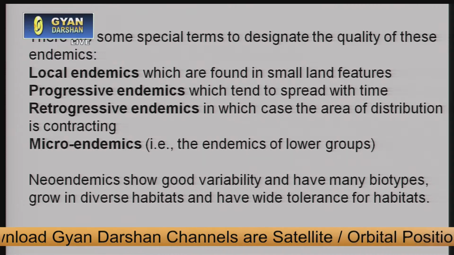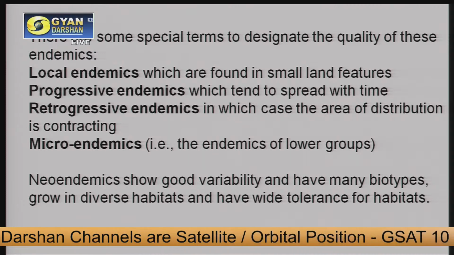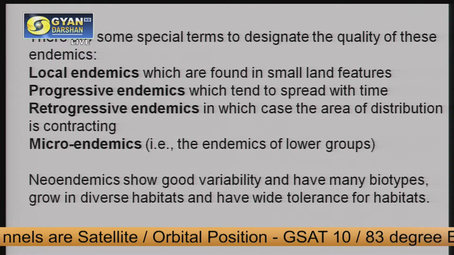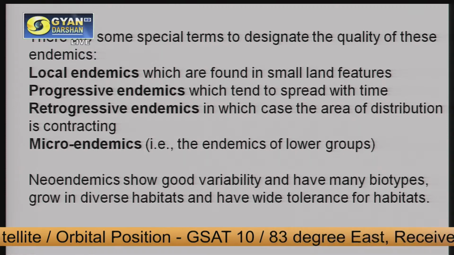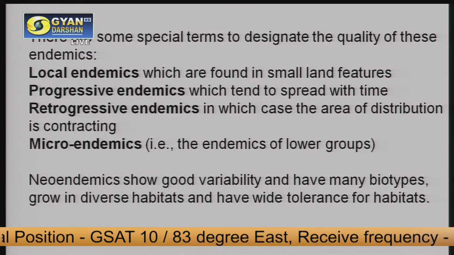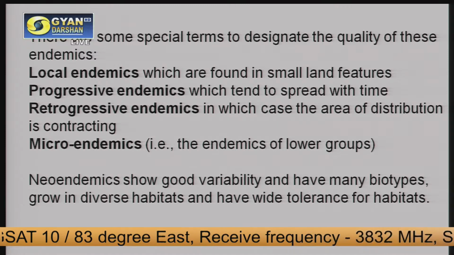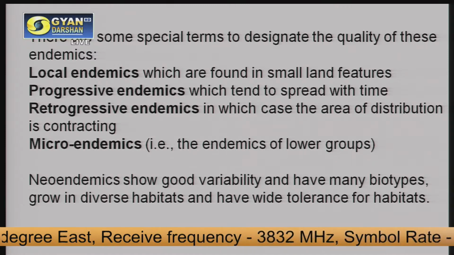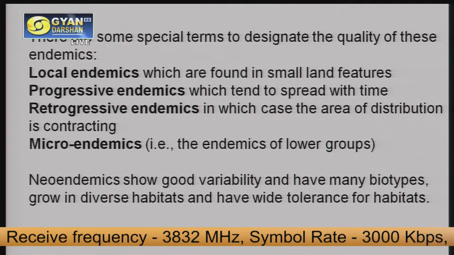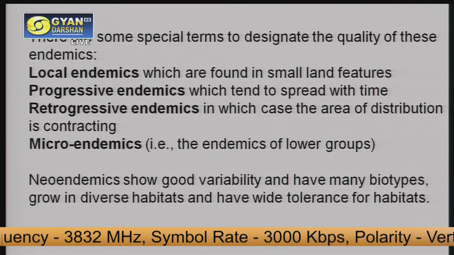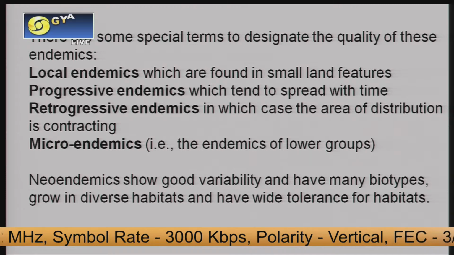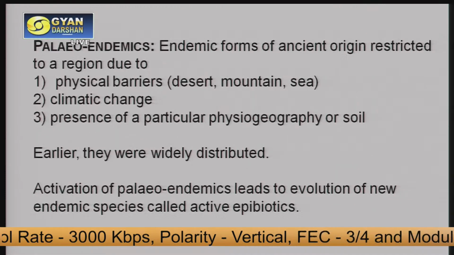Local means again restricted. Progressive endemics, that means with time they can spread. Retrogressive endemics, in which case the area of distribution is contracting. And the microendemics, that is the endemics of the lower groups. So all these classifications are under the neo-endemics.